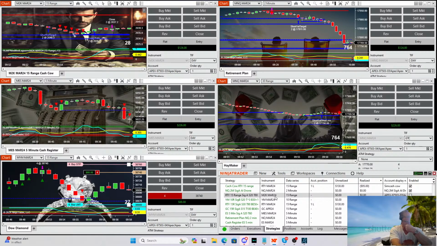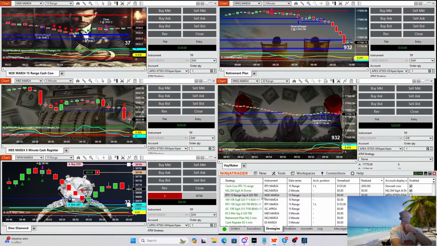And we'll put this one back on our Signal A 2080 on the M2K. Put it back on the Russell.